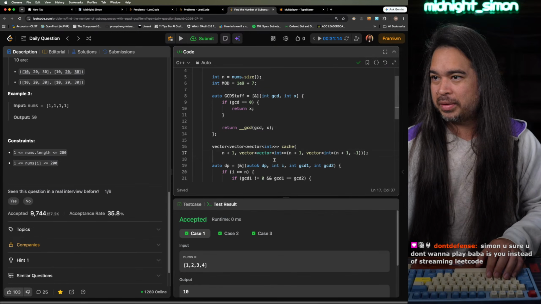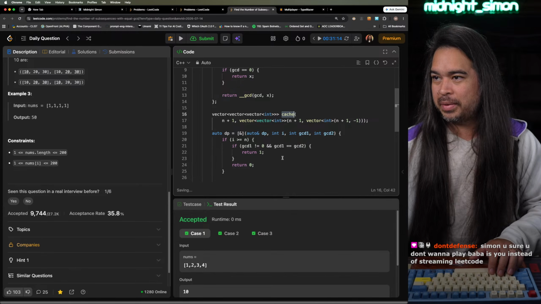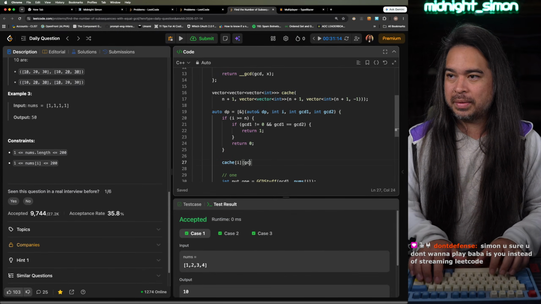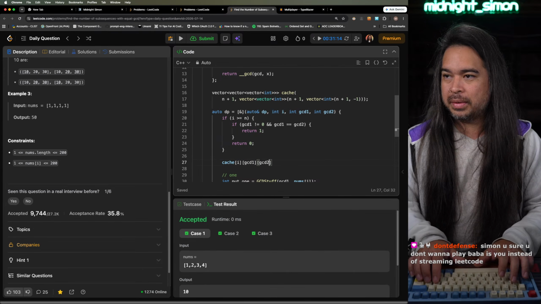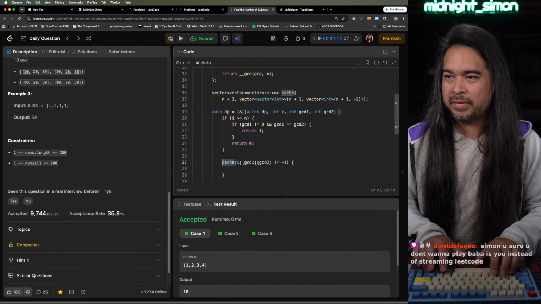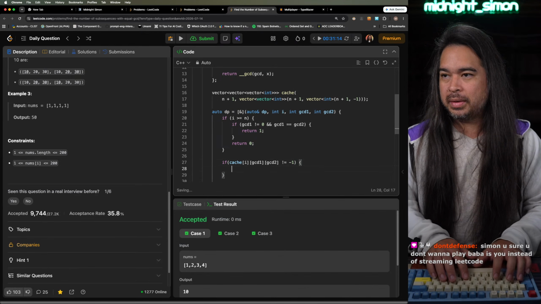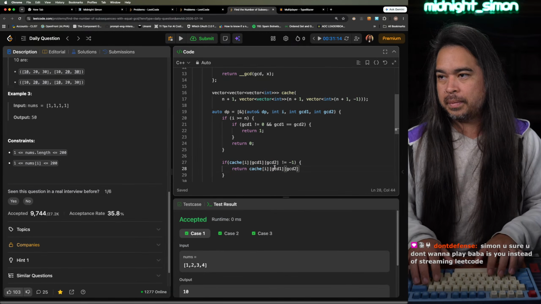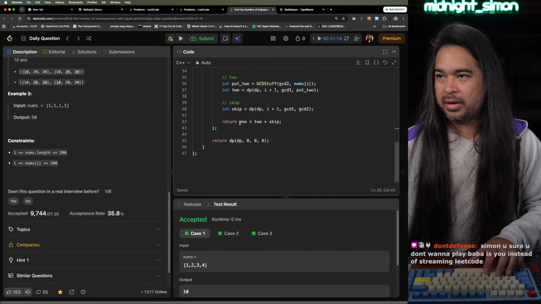Let me format. Might be right. Anyways, and then I'll just check the cache. It's supposed to be an if statement. And then here we'll set it.